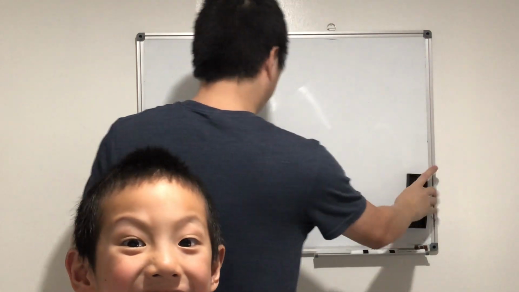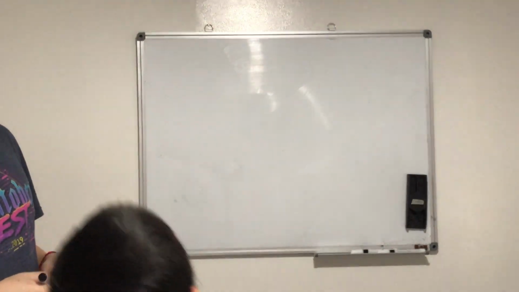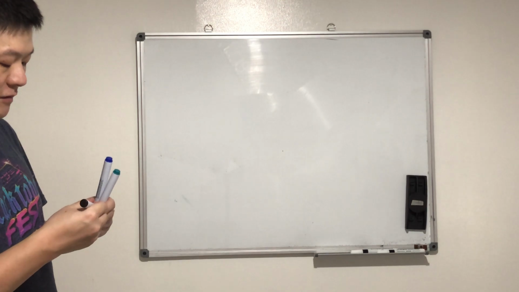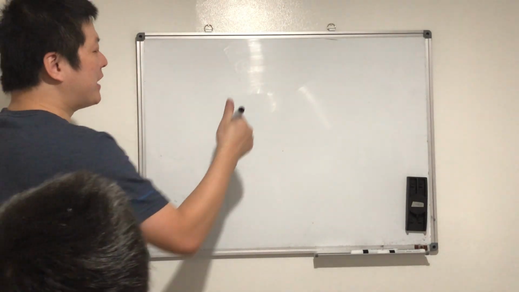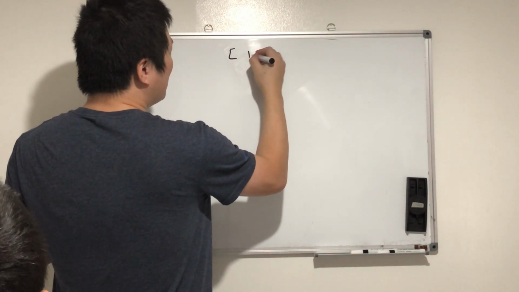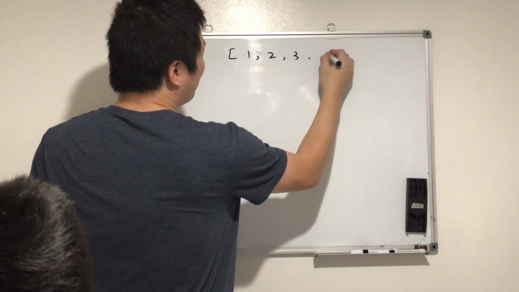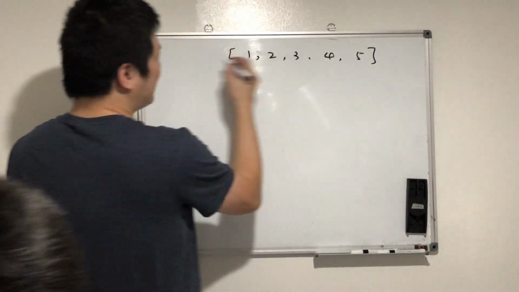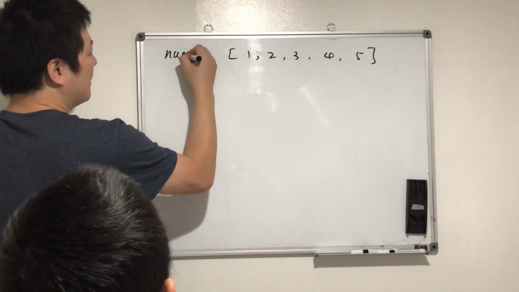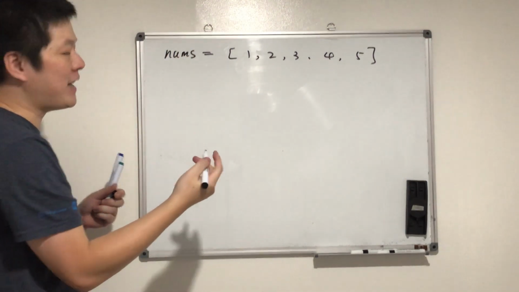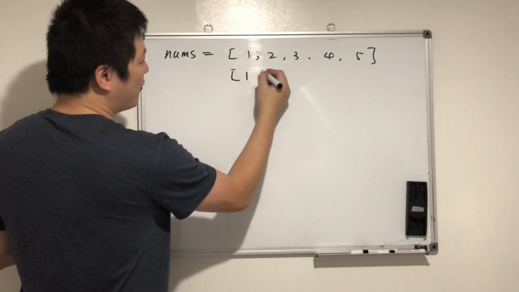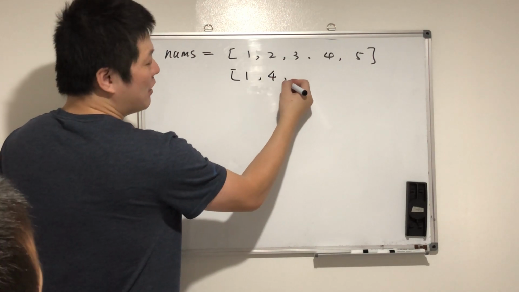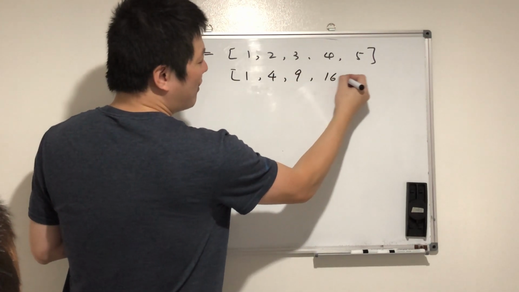Okay, so let's think of an example where we can make use of the queue. For example, we are given numbers like 1, 2, 3, 4, 5, a list, and we want to return their squares. So that I will return 1 squared, 2 times 2, 3 times 3, 4 times 4, 5 times 5.